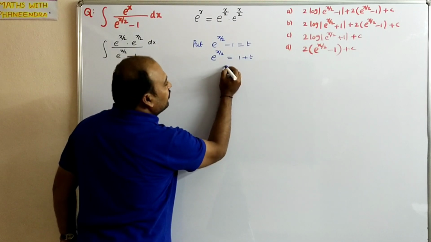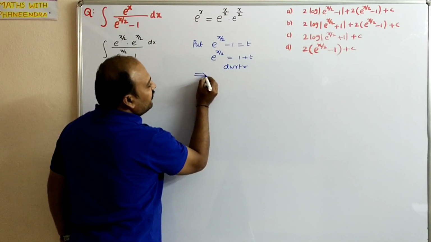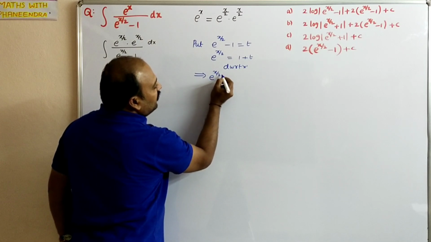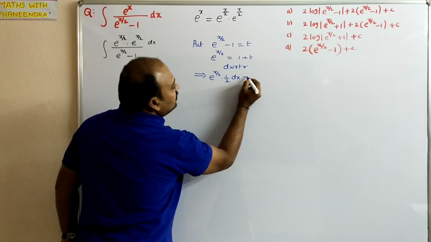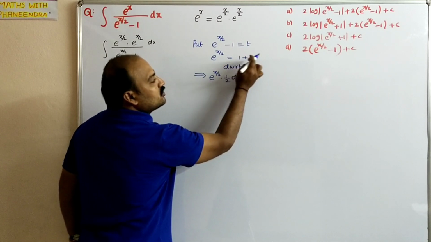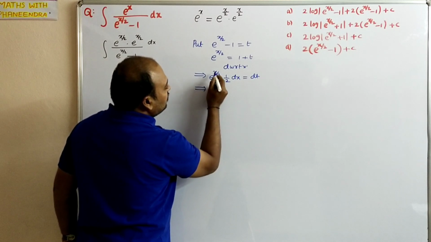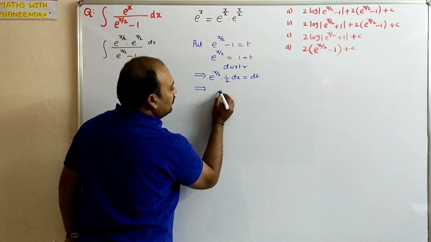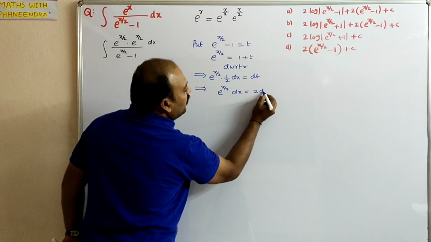So differentiate with respect to x. E power x by 2 derivative is e power x by 2, again x by 2 derivative is 1 by 2, into dx is equal to dt. Constant derivative is 0, t derivative is dt. But I want only e power x by 2 into dx, so 2 we can take this side. E power x by 2 into dx is equal to 2 dt.